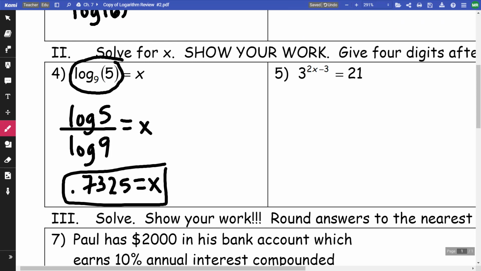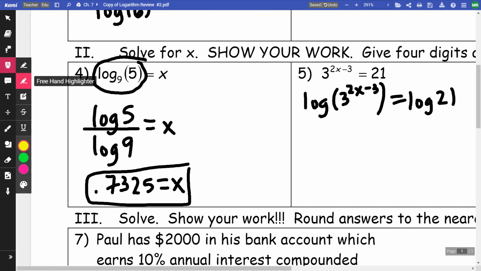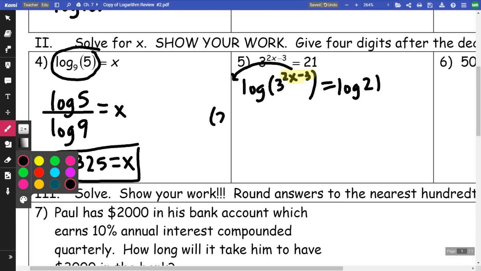On the next one, I am going to take the log of both sides. So I am going to take log of 3 to the 2x minus 3 equals log of 21. When I take the log of something to a power, remember that power can move in front. So this is going to be 2x minus 3 times log of 3 equals log of 21.